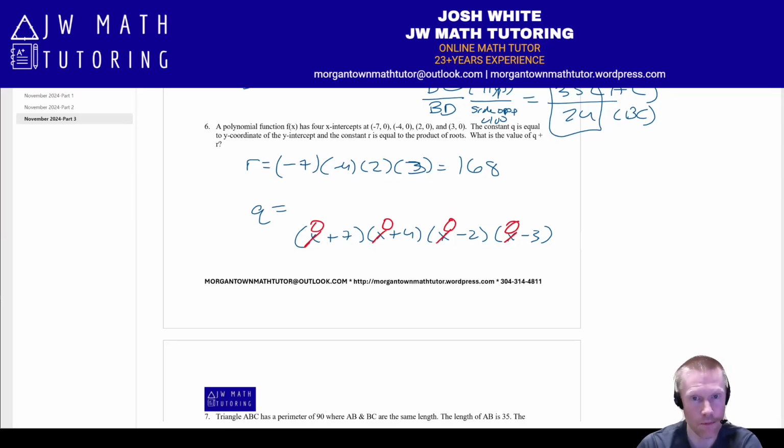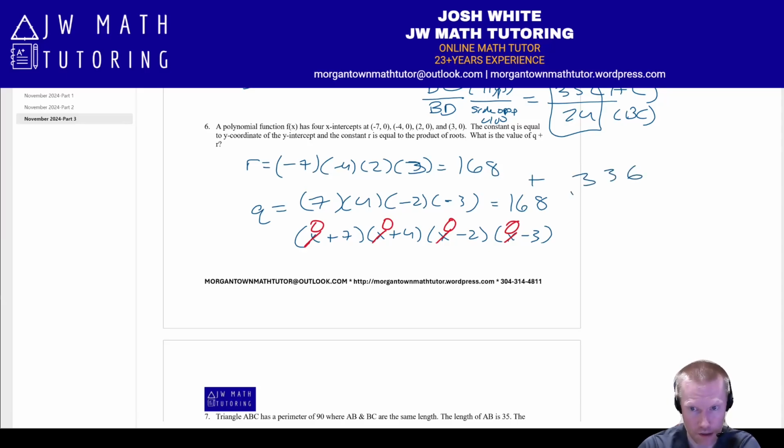It's like the same numbers as the intercepts, except obviously the signs are opposite. So it's 7 times 4 times -2 times -3. Because there's an even number of negative signs, basically there's 2 of them, it's going to be positive and it's also going to be 168. So now you just add these together. Correct answer is just going to be 336 for this one.